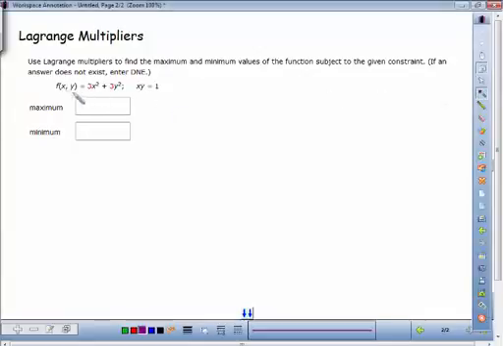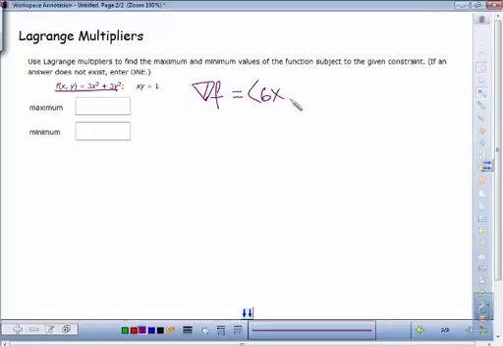So we have a function that we're trying to maximize. Remember, we're going to call that f, or it doesn't really matter what we call that. But we need our gradient of f. So the gradient of f is equal to the derivative with respect to x in the first component, and the derivative with respect to y in the second component.